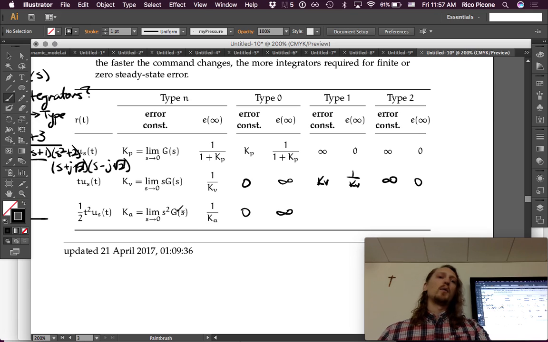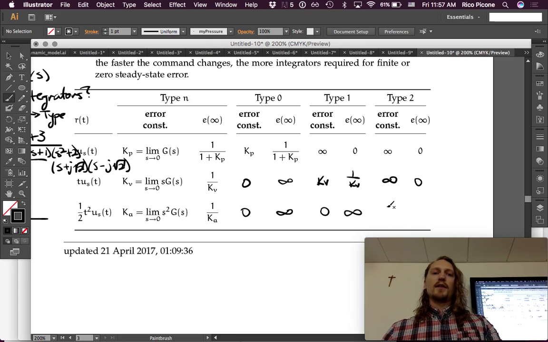Similarly, if we have only one integrator, it cancels just one of these differentiators. And so it's still 0 and still infinite steady state error. Two integrators will cancel both of these differentiators, right? And we'll end up with a finite error constant, which is Ka.